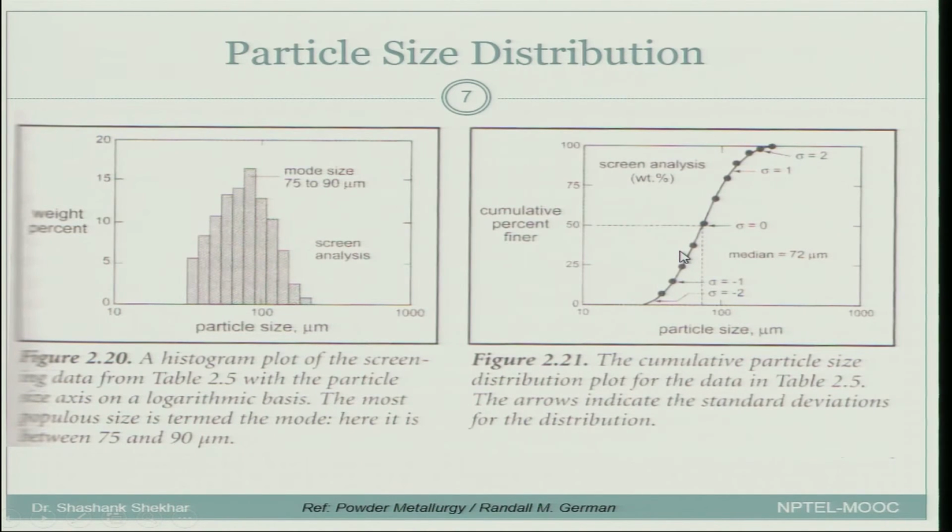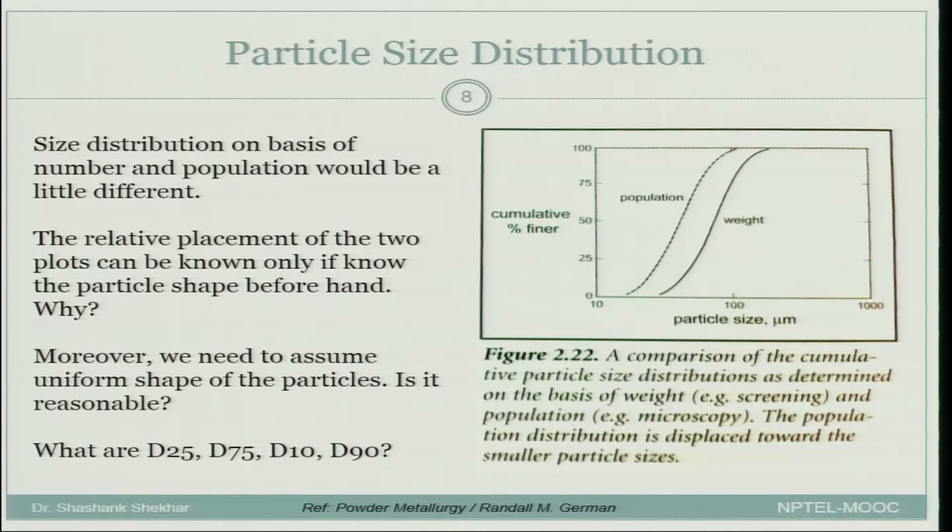Now, if we are talking about cumulative distribution, we should also know that the size distribution that we plot can be on the basis of number or on the basis of, for example, weight. So, there are different bases on which you draw the plot. For example, here this is the number basis, so basically population.